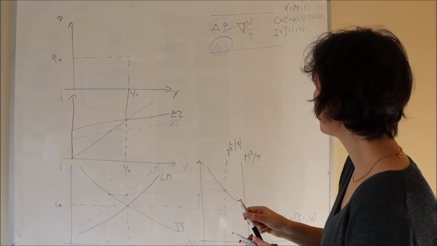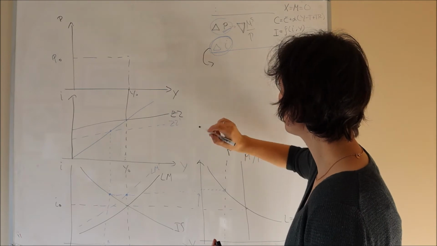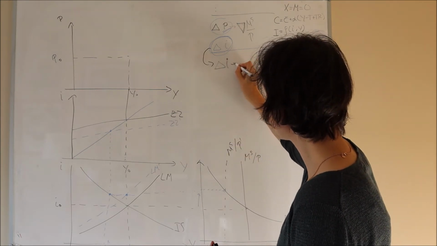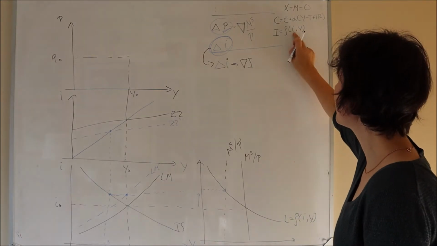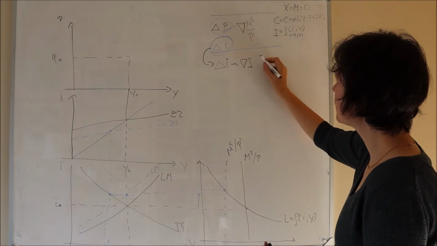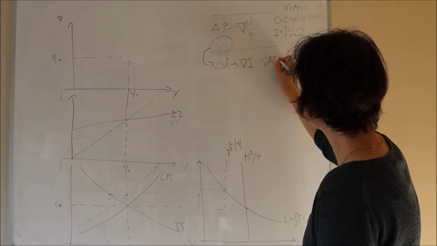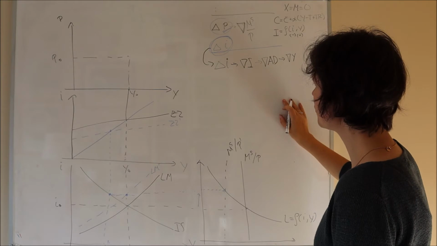Let's see the whole effect here, not just with the graph, but with the words. So higher interest rate means lower investment, right? We already know that this relationship is negative. So lower investment means lower aggregate demand. Less aggregate demand means less production.